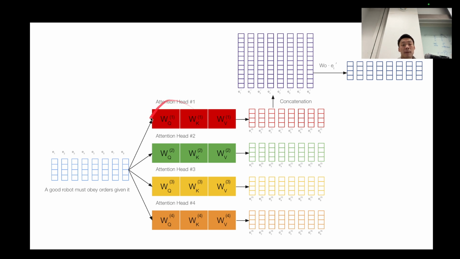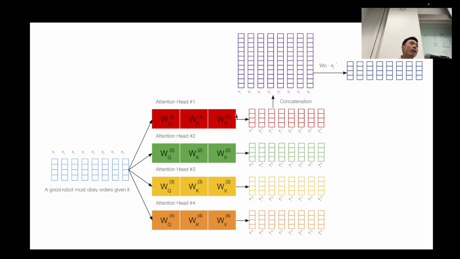And the parameters for self-attention, one time, one head, are the WQ that converts the embeddings to the query vectors, and WK that converts the embeddings into the key vectors, and WV that converts the embeddings to the value vectors. Okay, so one head has three weight matrices, and here's the output.